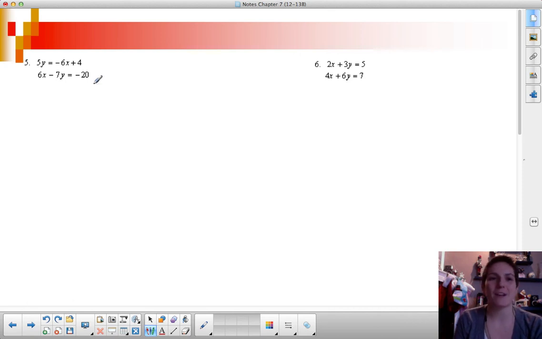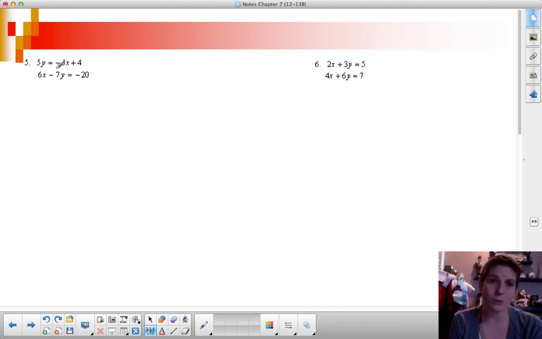Okay, number 5. The first thing I'm hoping you're seeing is that this is a situation where your eyes should look at it and go, whoa, something's not quite right. And when that happens, you say, oh, okay, I just need to adjust the order. That means that the x value in this case needs to go to the other side of the equal sign.